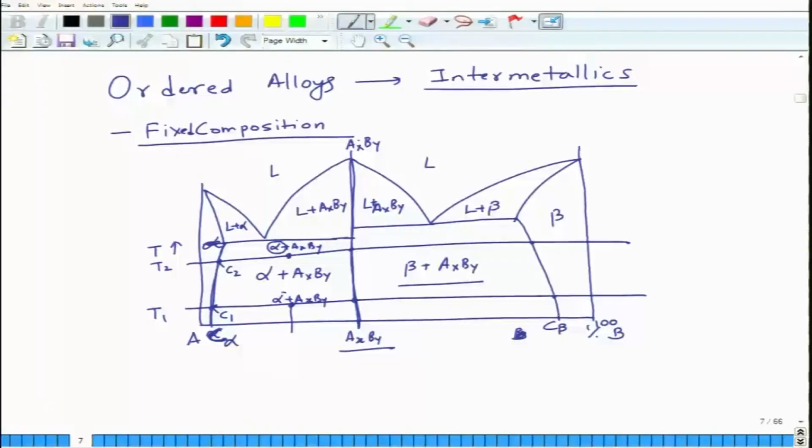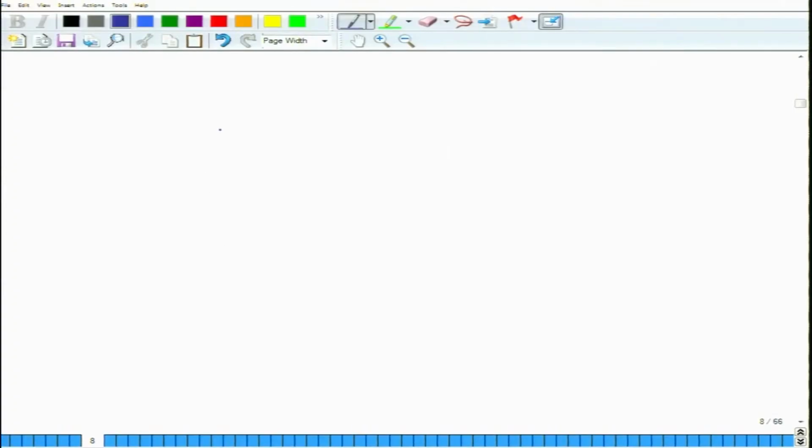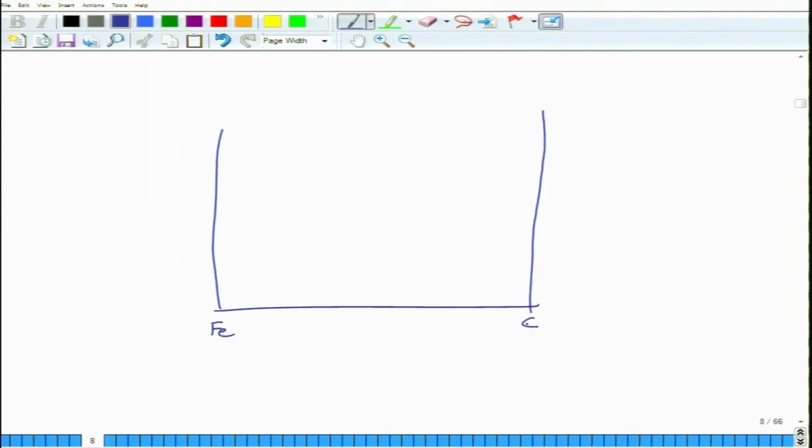So, in two phase alloys, you will see at a composition you will have two phases, one of them may be a line compound. For example, cementite, as we see in steel, is a fixed composition compound. So, in steel, that is a very good example actually. If I draw the phase diagram of steel, this is iron, this is carbon.